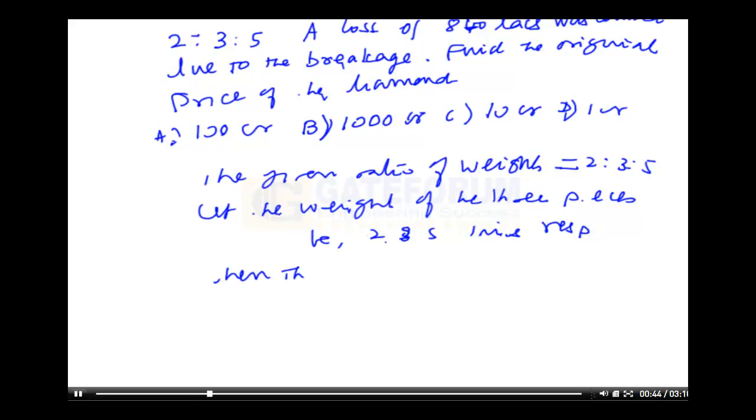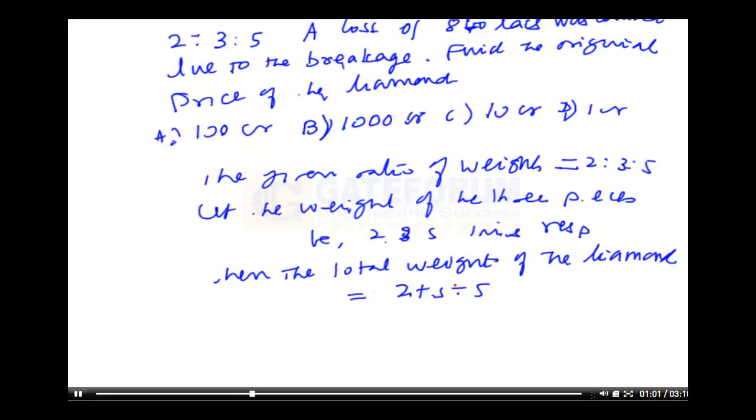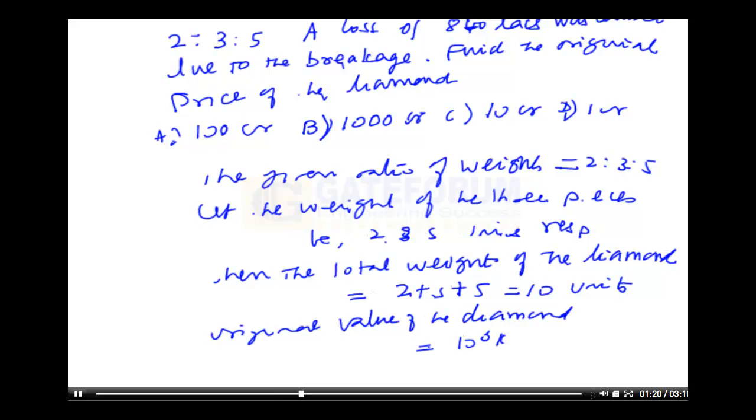Then the total weight of the diamond is equal to 2 plus 3 plus 5, which is equal to 10 units. So the original value of the diamond is equal to 10 power 3 k, which is 1000k.